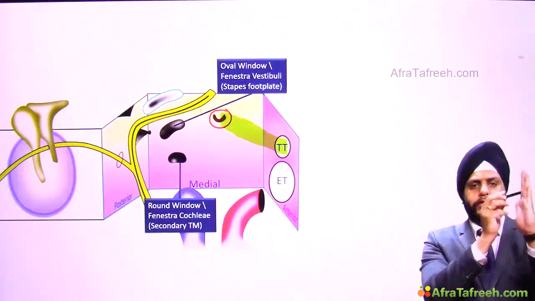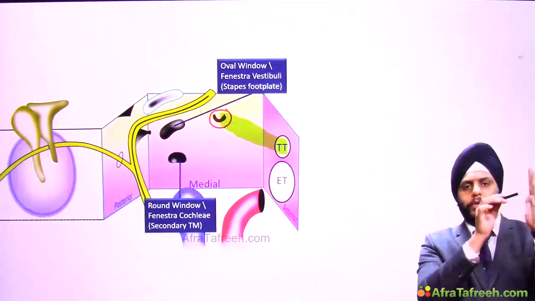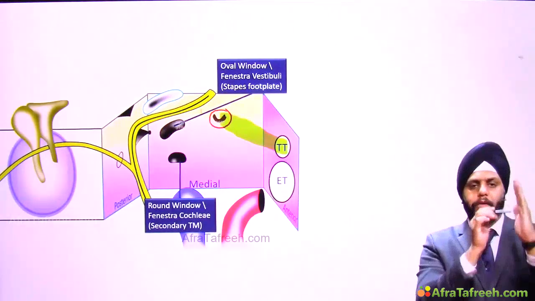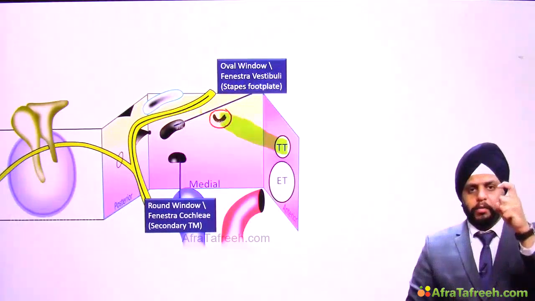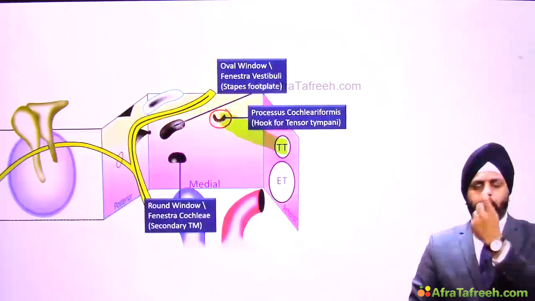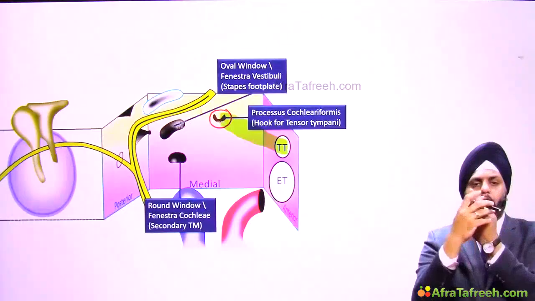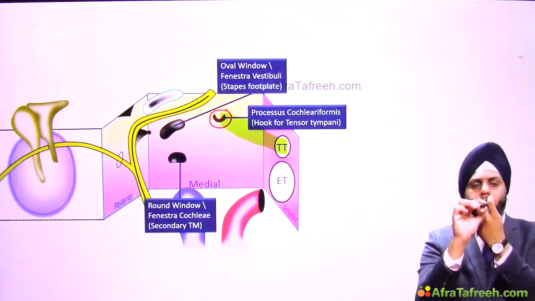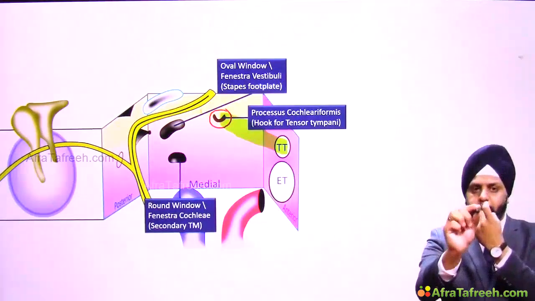So you see, this tensor tympani muscle is coming from the anterior wall and it is going to the medial wall. And at the medial wall there is a hook over here. This hook is known as processus cochleariformis. The tensor tympani muscle comes, hooks around processus cochleariformis, takes a turn, and now it goes and attaches to the handle of malleus.